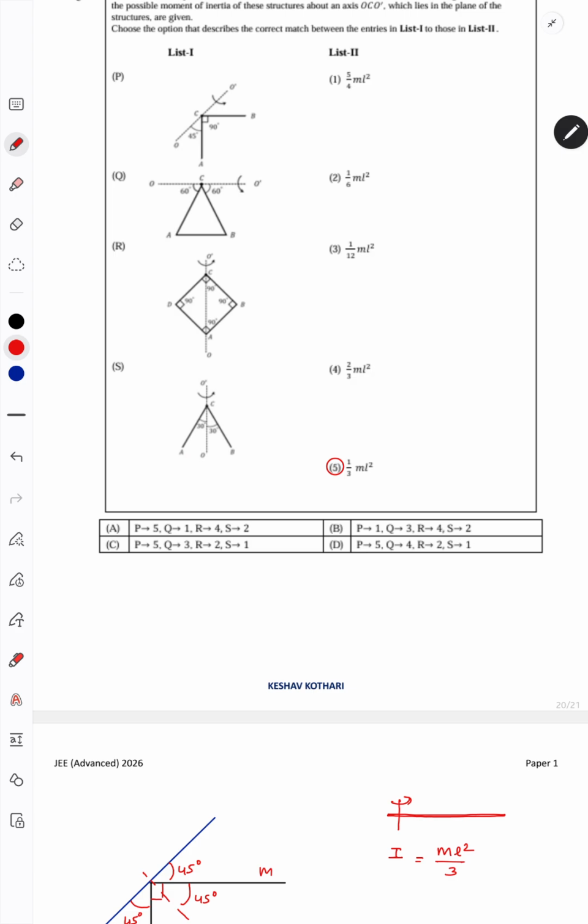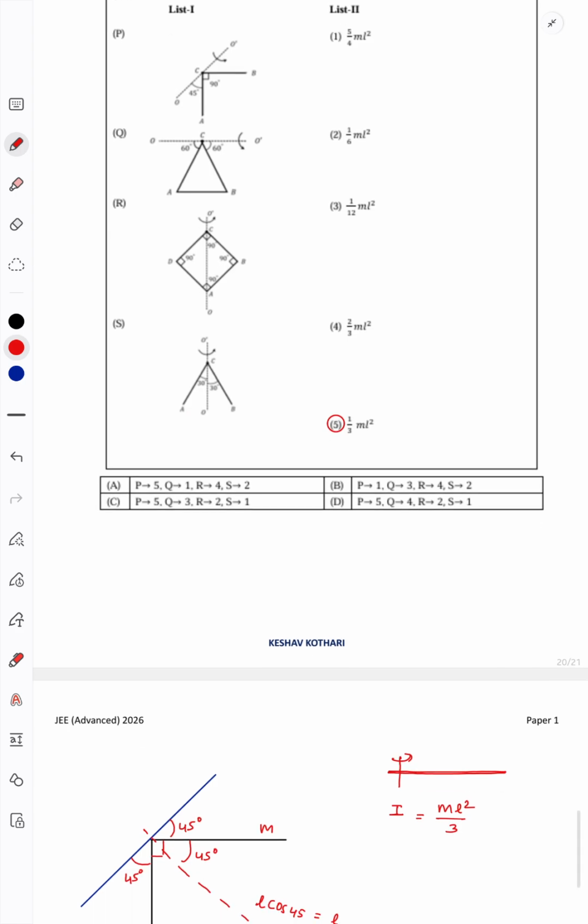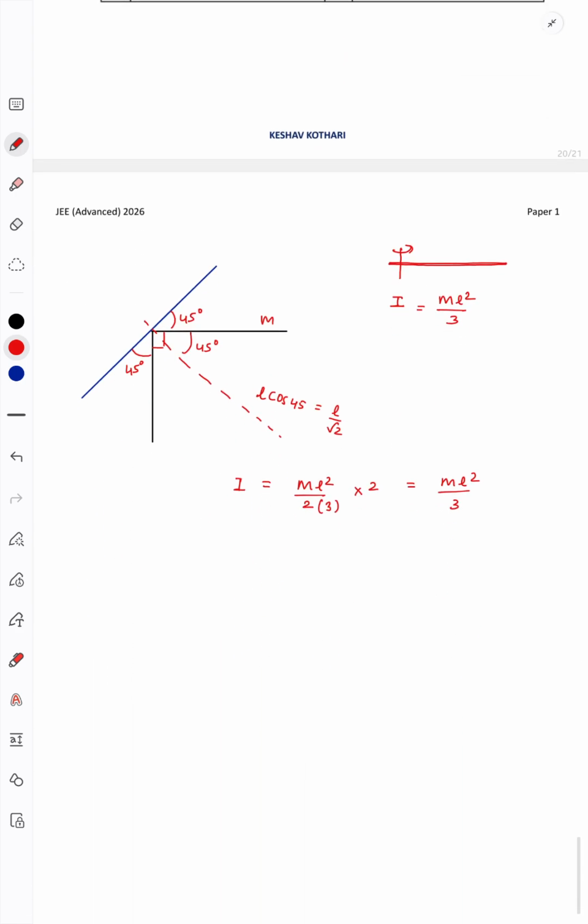Now let us similarly take another example where we can take the second diagram. In the second diagram, an equilateral frame is given to us and the axis of rotation is marked about one of the vertices like this, and the system is rotated about this point.